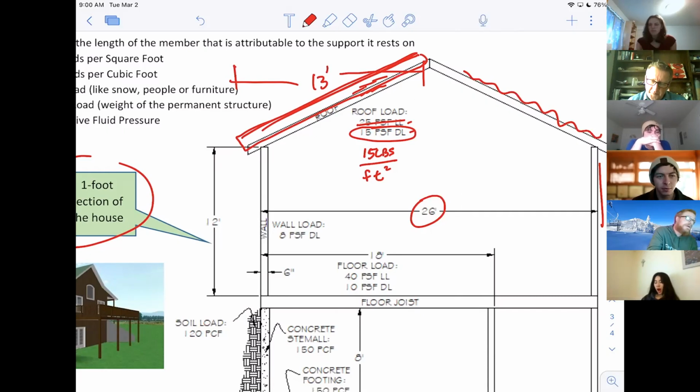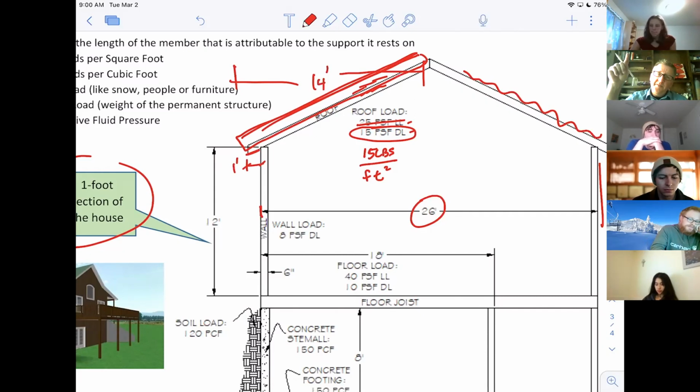And then the other thing on this particular house is notice the 13 feet stops right there. Do you notice the wall has a little bit of overhang right there? Does that count or not? What do you think? Yes. It does. And so because this is what they usually are, we'll say that's a foot of overhang. Then we're going to say this is 14 feet long.